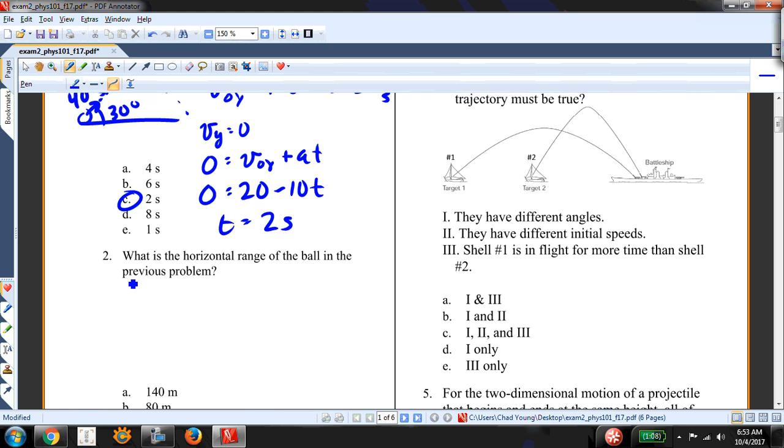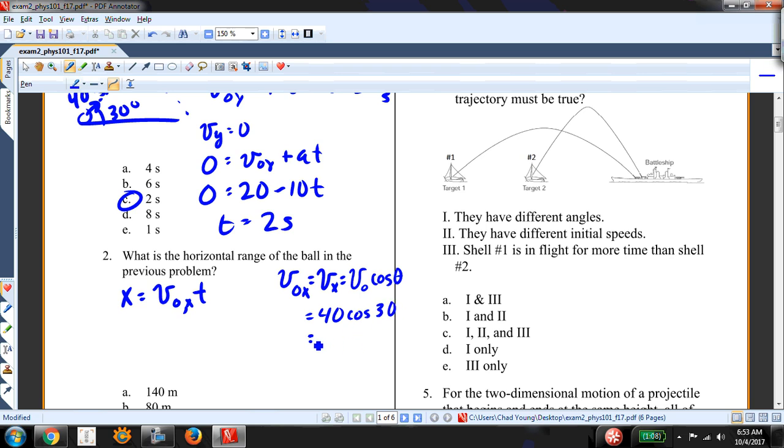What is the horizontal range? Well, I know horizontal range is equal to V naught x times t. V naught x, which is also equal to Vx, that's equal to V naught cosine theta, which is 40 times cosine of 30.